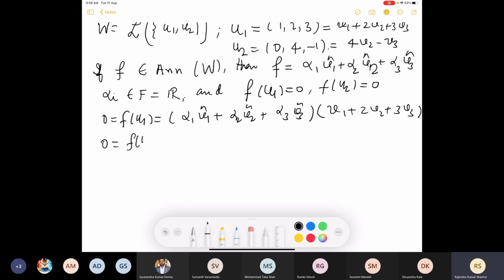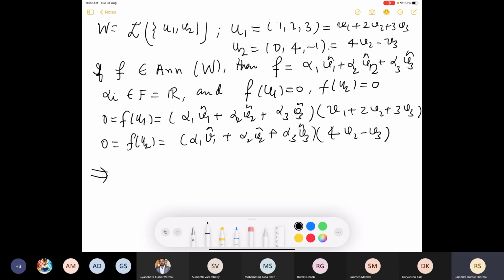And f(U2) is 0 means again alpha 1 V1 hat plus alpha 2 V2 hat plus alpha 3 V3 hat applied on 4V2 minus V3 is also 0. What does this give me?